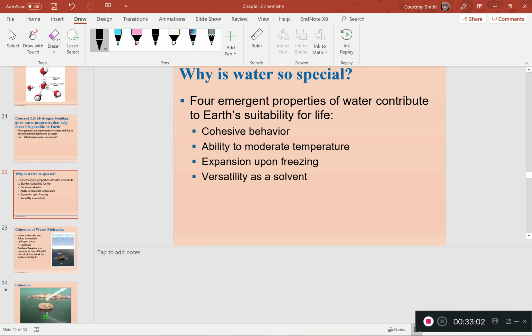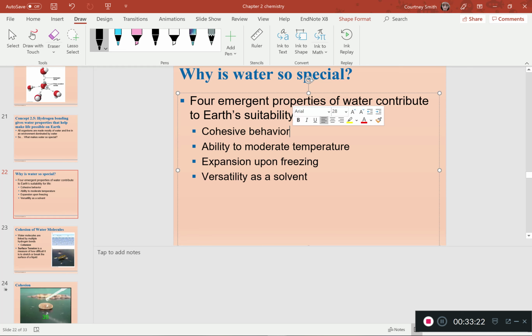So we have 4 emergent properties, so definitely know what an emergent property means, guys. It has cohesive ability as well as adhesive ability. Cohesive behavior is whenever it is sticking to itself. So water sticks to water.